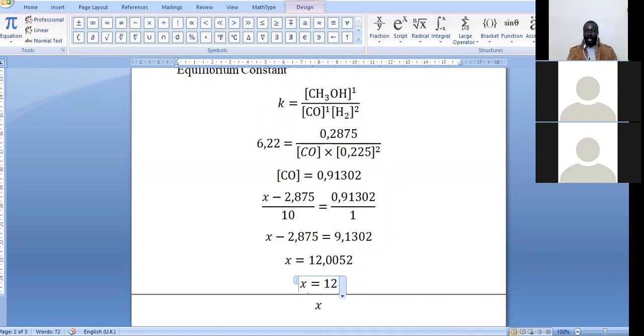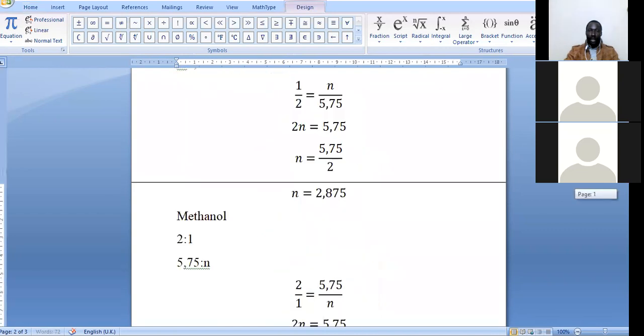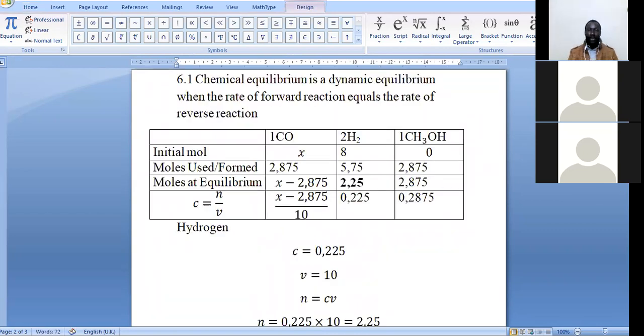So just a quick recap on what we did for this last part. We completed the table. After completing the table, we needed to find the value of x. So how would we find the value of x? Well, one way is to use the other piece of information which is given about the equilibrium constant.